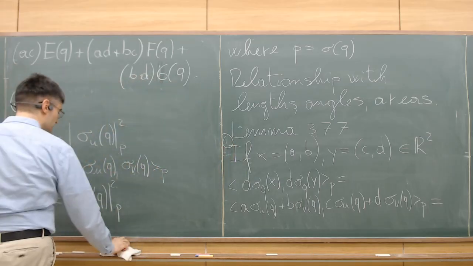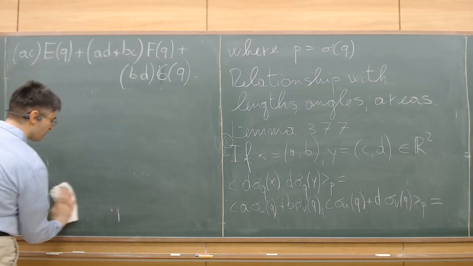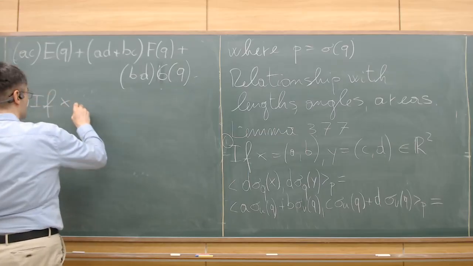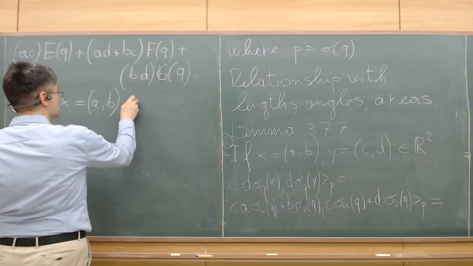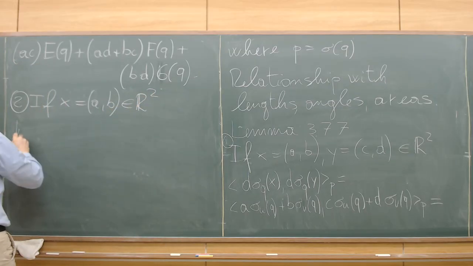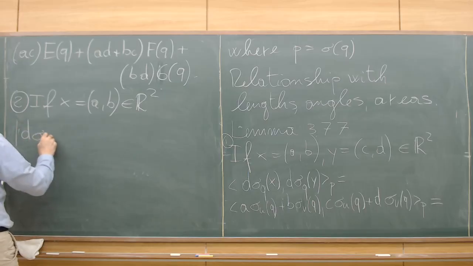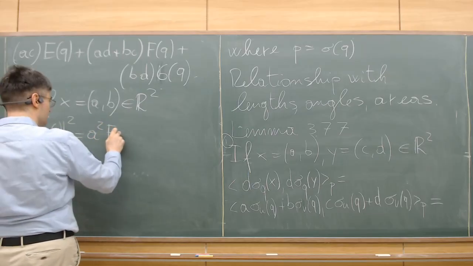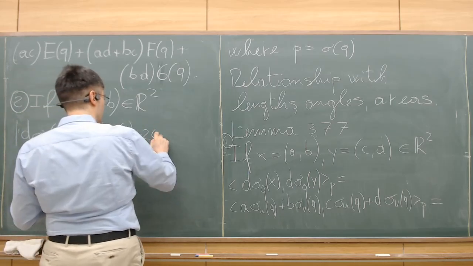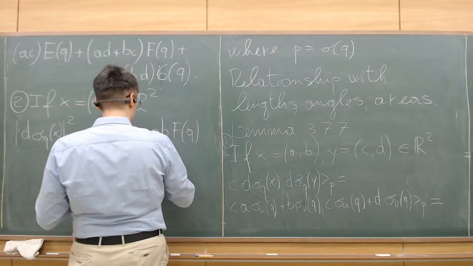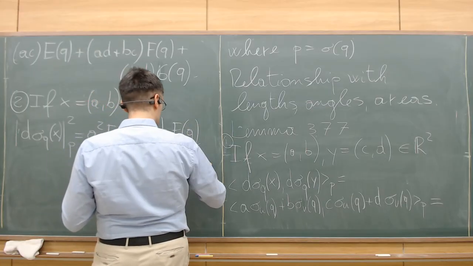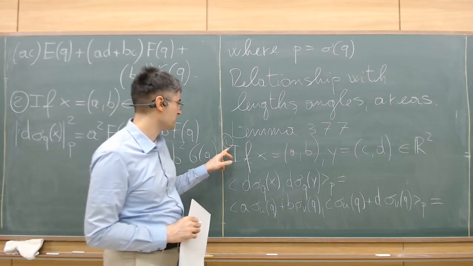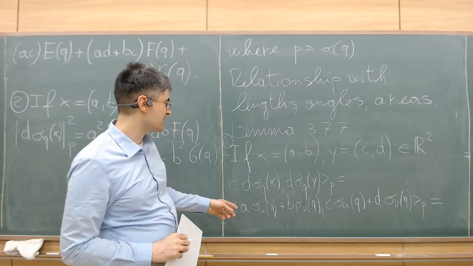Second statement says that if X is equal to (A, B) in R2, then we have that the square norm of d sigma Q X P squared is A square E of Q plus 2 A B F of Q plus B square G of Q. Clearly, statement 2 is an easy consequence of statement 1. Just take X equal to Y.